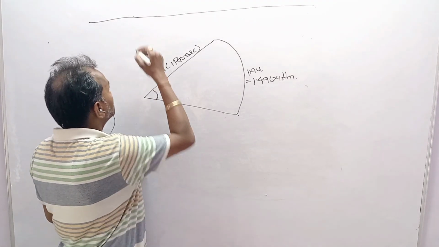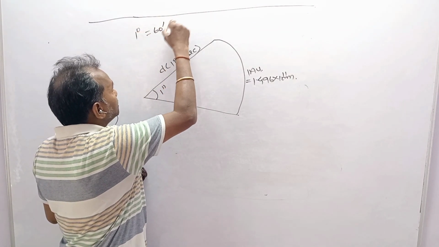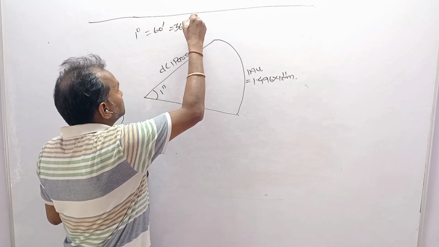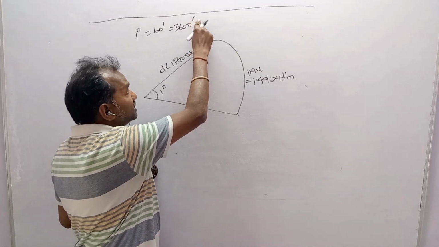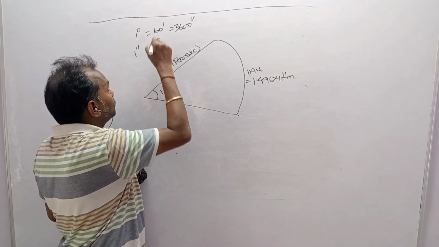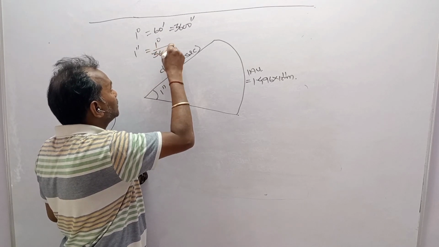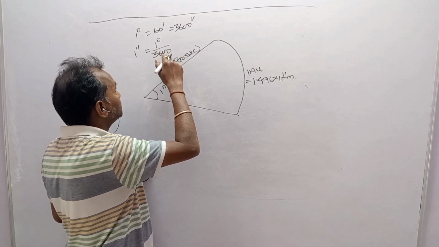I have told you that 1 degree is equal to 60 minutes, which is equal to 3600 seconds. 1 bar represents minute and 2 bars represent second. So 1 second is equal to 1 upon 3600 degree.